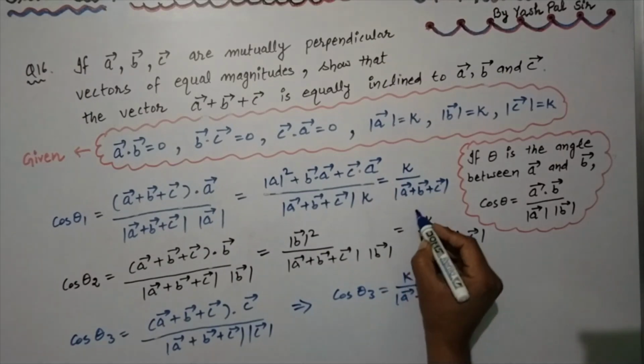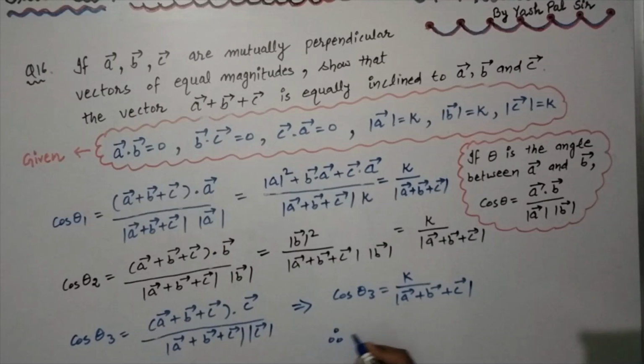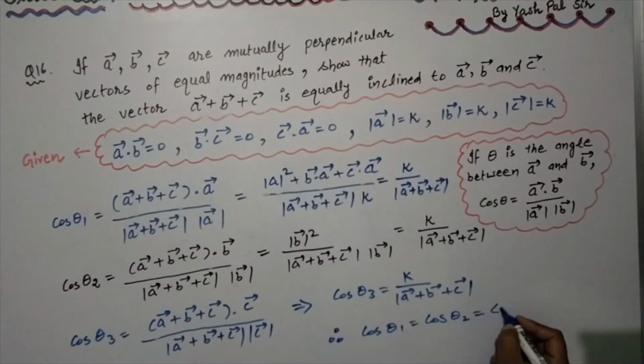So this again implies that cos theta 3 is equal to K upon magnitude of A plus B plus C.